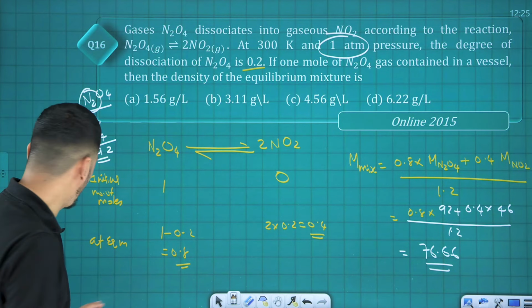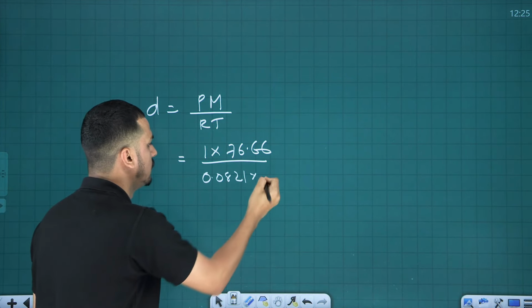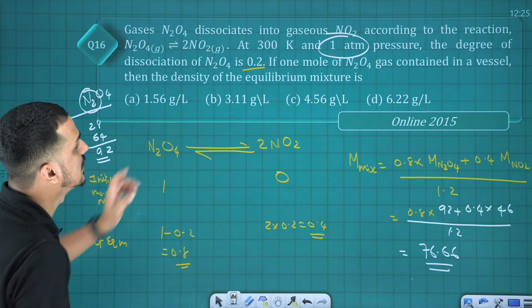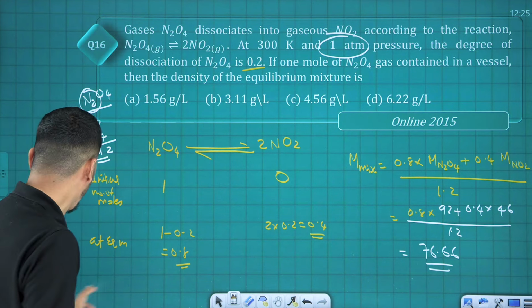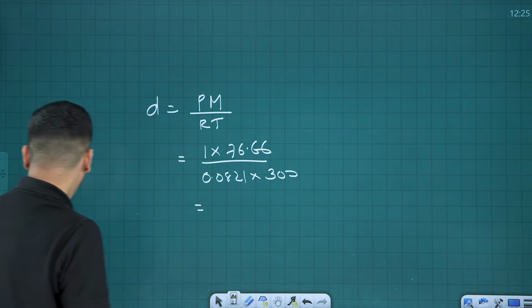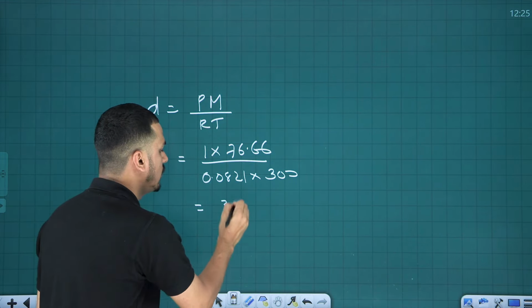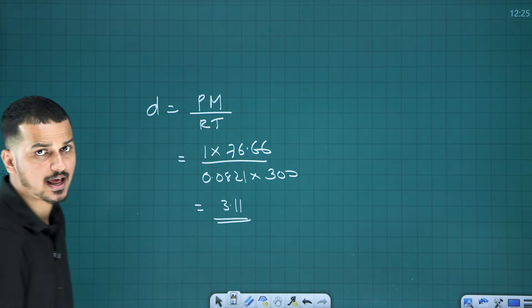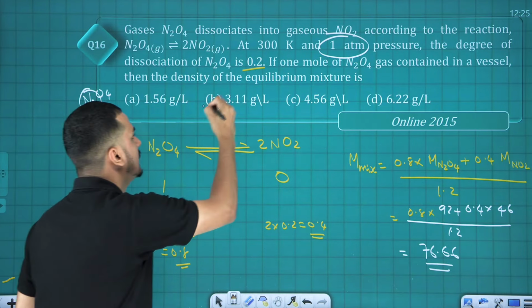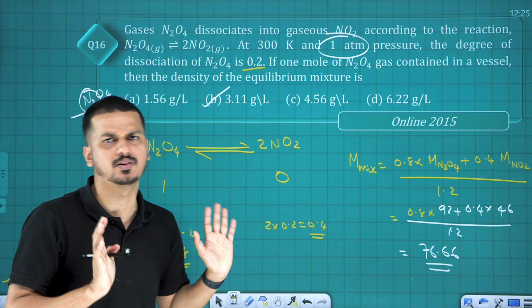R value is 0.0821 because in atm we use 0.0821. The temperature given is 300. Once you solve this, you will get 3.11. So our answer is option B, 3.11 gram per liter. In a simple way we can solve it.